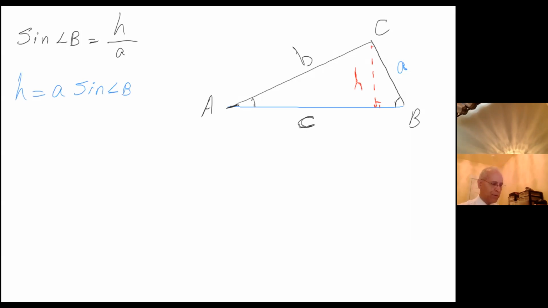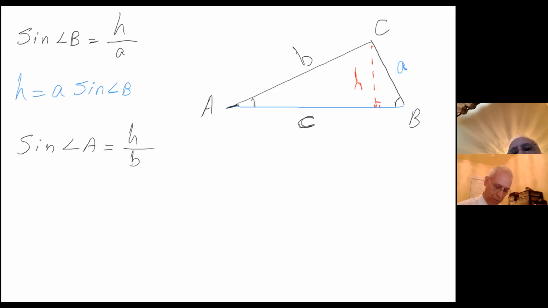And what else can I claim from the drawing? I can claim that sine of angle A equals the side opposite of A, which is h, divided by the hypotenuse of the left-hand side triangle, which is b.